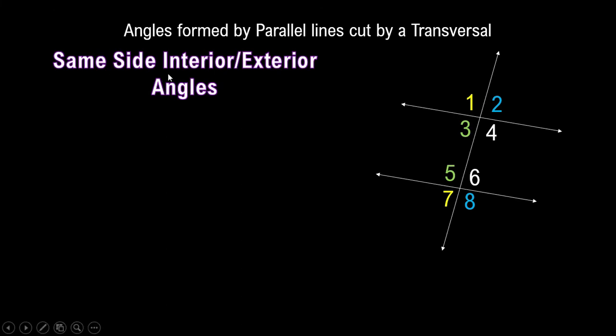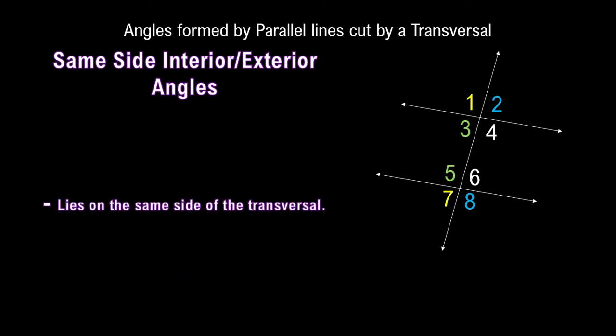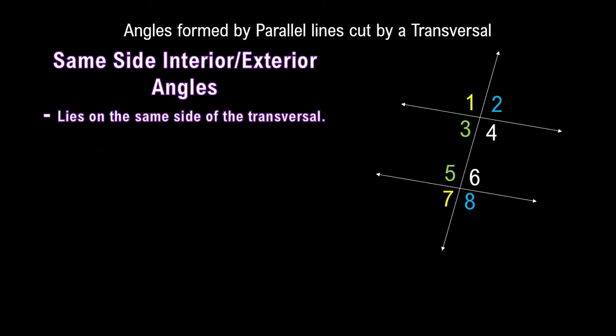So when we say the same side interior and exterior angles, its definition is that these angles are lying on the same side of the transversal. So both interior and exterior, this is their definition. The only difference is that when we say interior, same side of the transversal, which is between the two parallel lines.